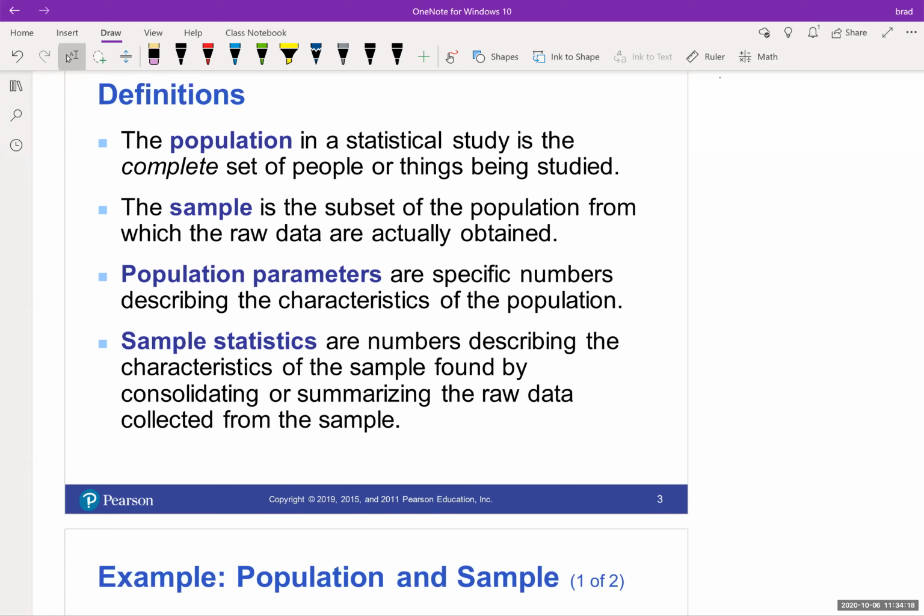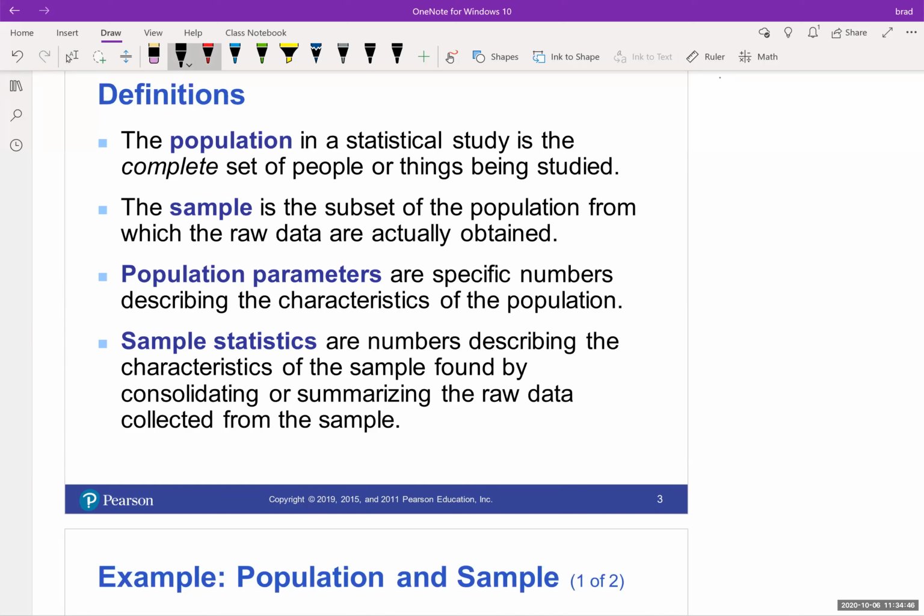You could say, well, the United States is not the entire world. So technically, the United States babies being born is a subset of the world's babies being born. You see how it could be either? So that's why we'll try to make it pretty obvious. Whenever they use words like all or the entirety or the entire, they're normally wanting you to think of it as a population. Okay, so population parameters are specific numbers describing characteristics of the population.